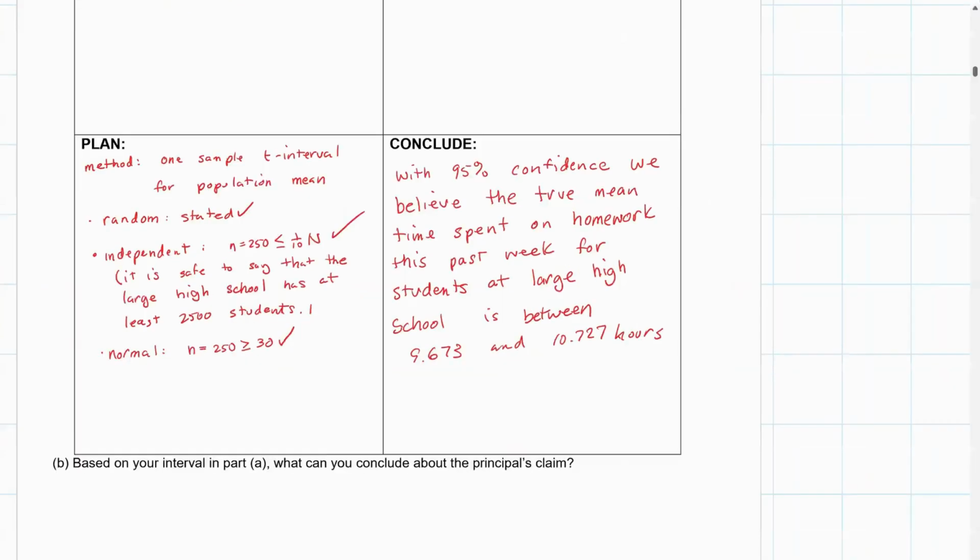Follow-up question though. So based on this interval, what can you conclude about the principal's claim? Well, the plausible values from the confidence interval contain times less than 10 hours.